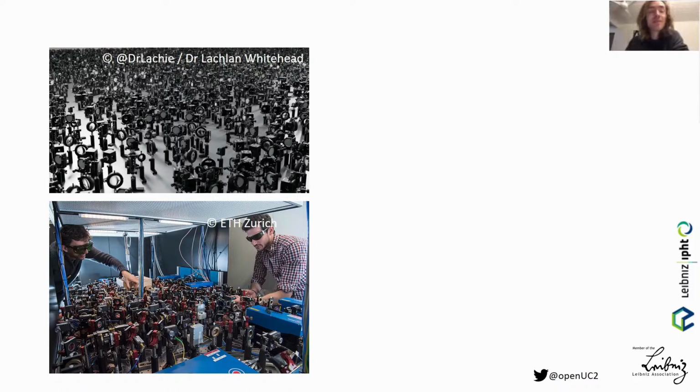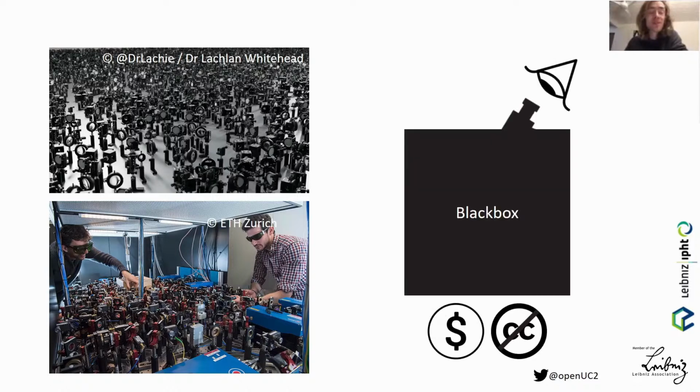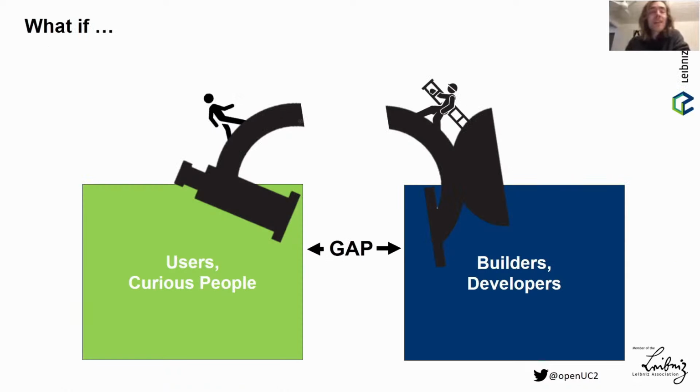Even though I'm in the field of optics for quite some time, it's very difficult to replicate those setups. And that means for me, they appear to be a black box. And that's not good because I think in science, we need to be able to replicate progress so that we can build on top of each other's findings and also accelerate science. And then you have the problem of users and developers somewhat split up.